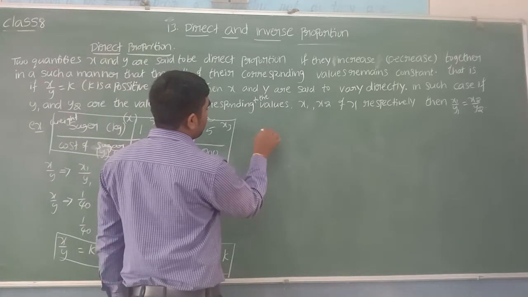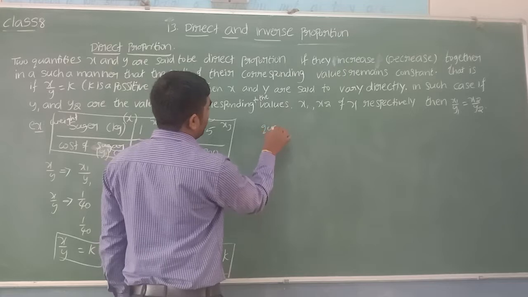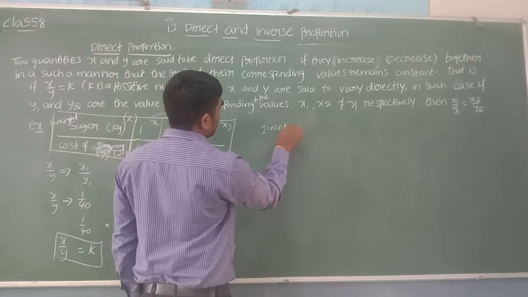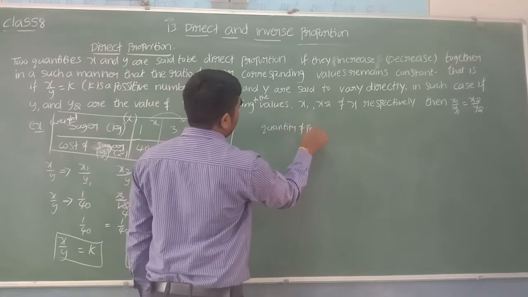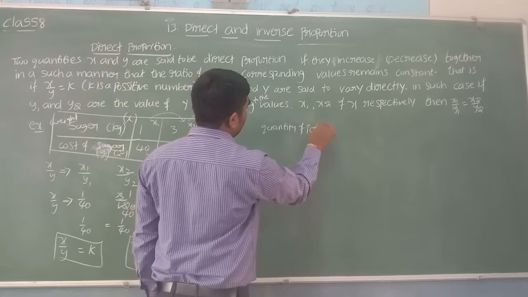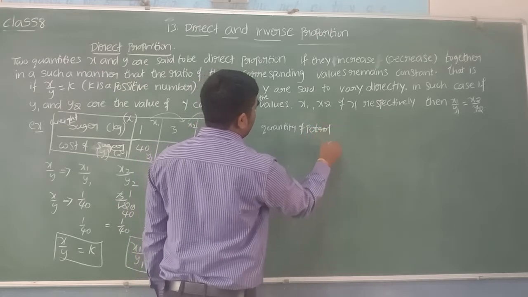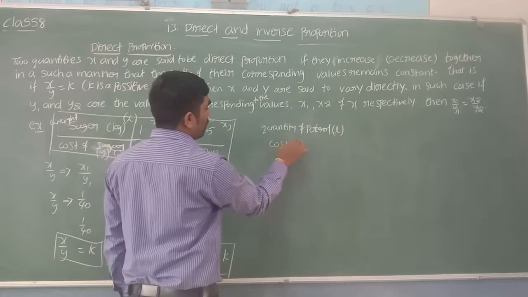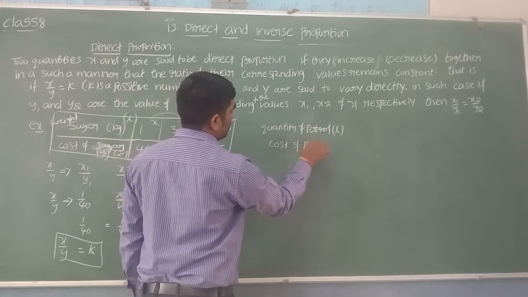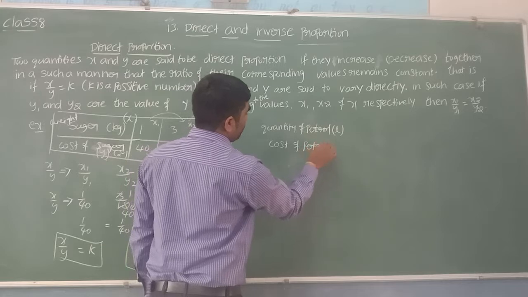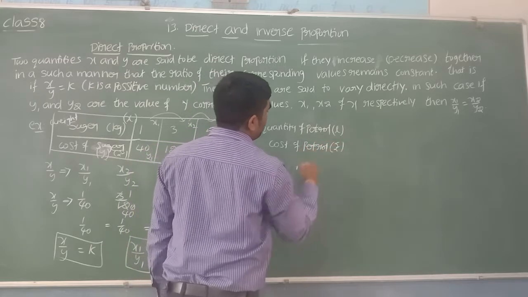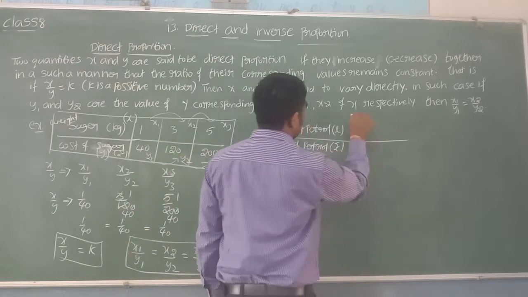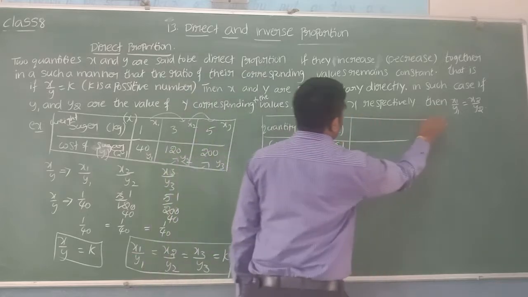Let me take here the quantity of petrol and its cost. One quantity I'm taking is the quantity of petrol, in terms of liters. The second quantity is the cost of petrol, which I'm going to measure in terms of rupees.